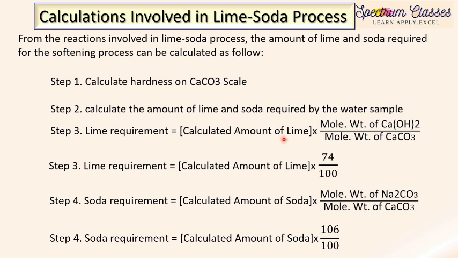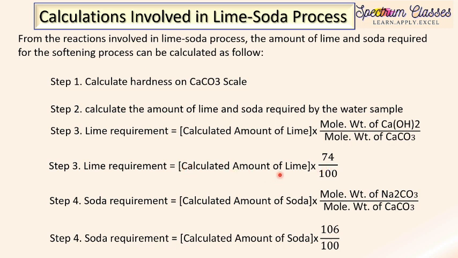So calculate the amount of lime, then multiply it with the molecular weight of lime divided by the molecular weight of calcium carbonate, since we have calculated this hardness on the calcium carbonate scale, right? So the lime requirement is based on the molecular weight of calcium hydroxide, which is 74, and the molecular weight of calcium carbonate is 100.